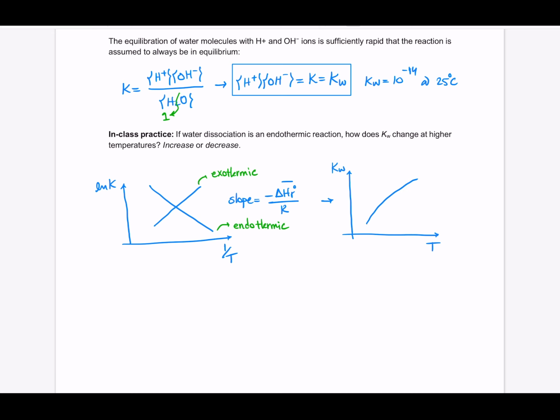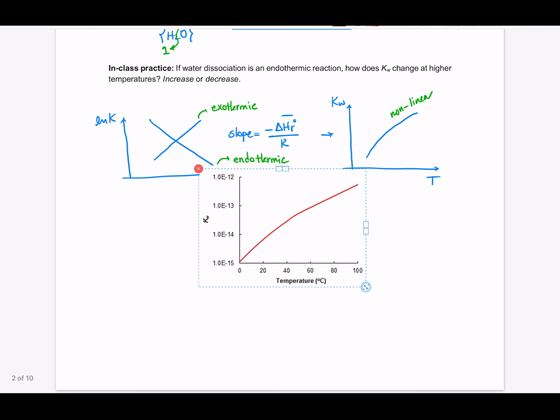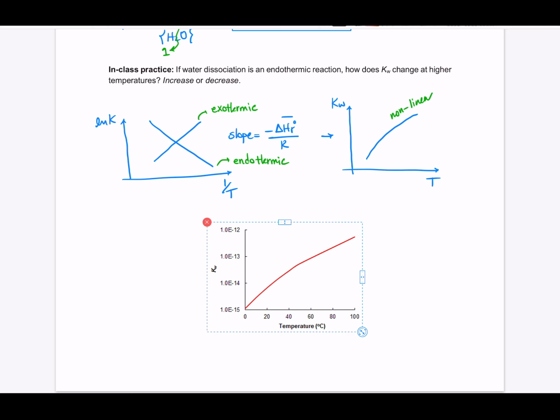And specifically when we look at the literature, we see that the actual graph is also very close to what we were expecting. First, it's increasing. Second, it's non-linear. Now we see that at 25, it's roughly 10 to the minus 14.